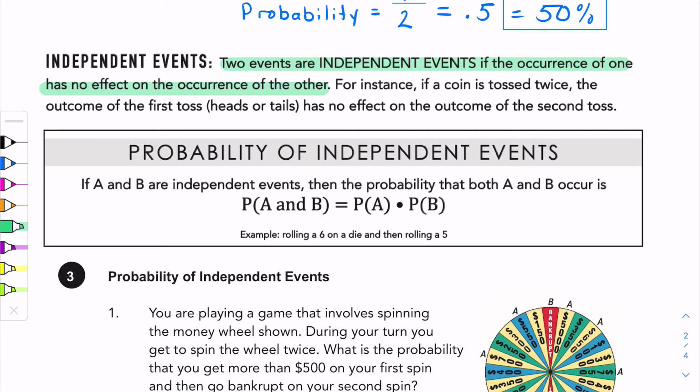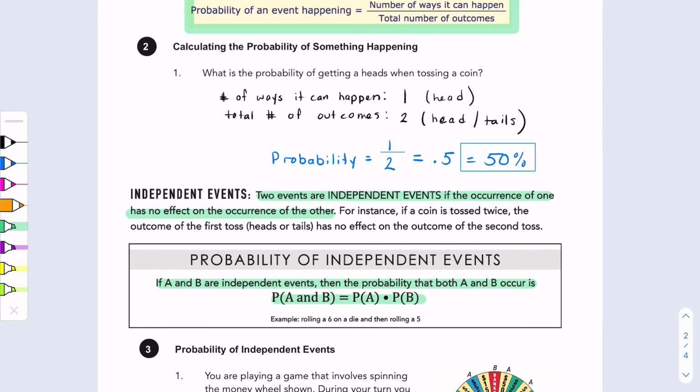It is not based on your previous answer. So if A and B are independent events, then the probability that both A and B occur is when you multiply your probabilities together. Basically, you repeat this process twice and you multiply your answers together.